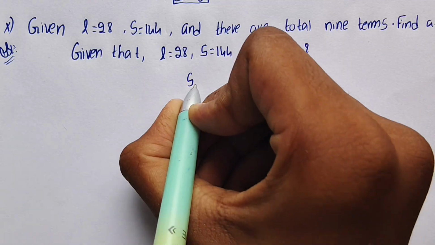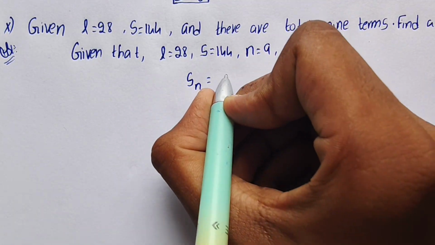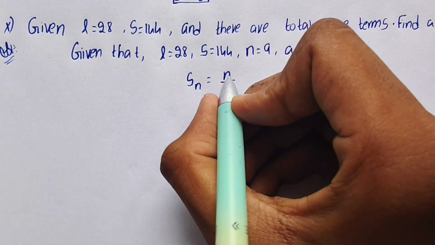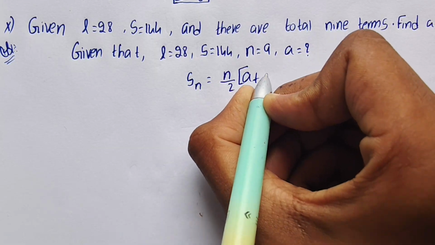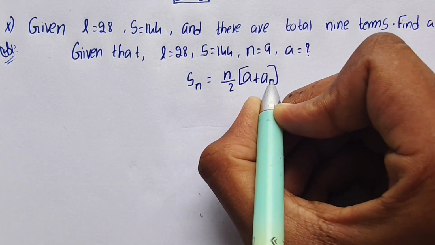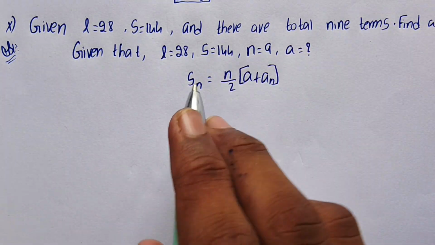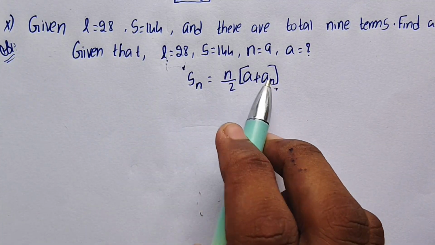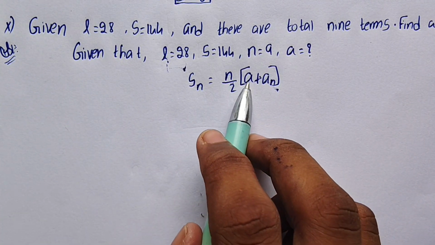So we know the formula for S base n, that is n by 2 into (a plus a base n). Here they gave a base n and the value of n, and also S base n, so we can easily find the value of a.